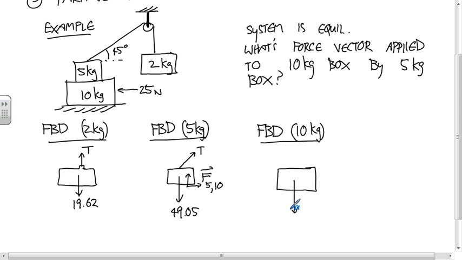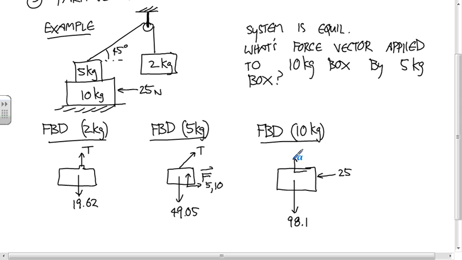So I'm going to do the weight first, 98.1. And then there's that 25 newtons this way. And what else? So we're just going around the boundary looking for contact. There's contact. Yep. And so that is the force on 10 by 5. Newton's third law says that's negative F510.